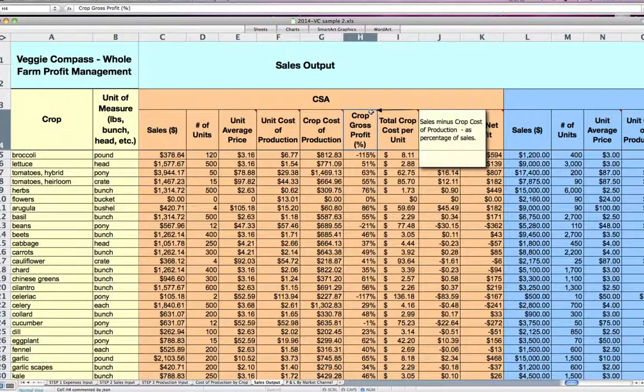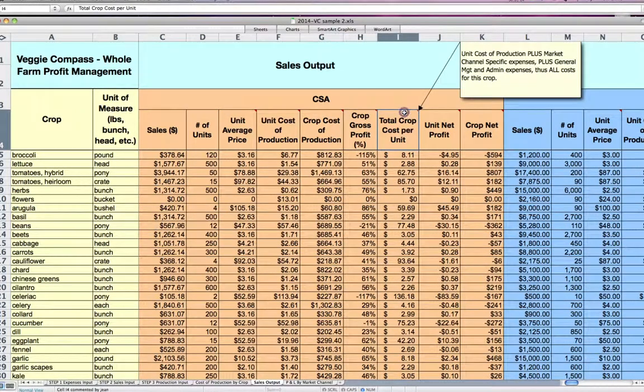Now we come to a powerful set of figures, the total crop cost column. It is defined as the unit cost of production plus market channel specific expenses plus general management and admin expenses, thus all costs for this crop.